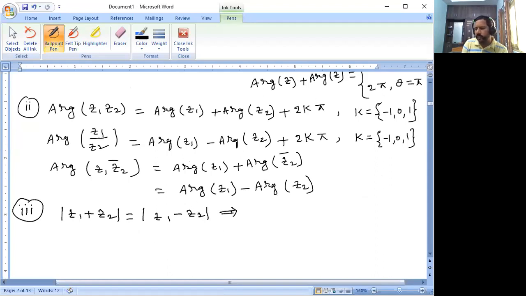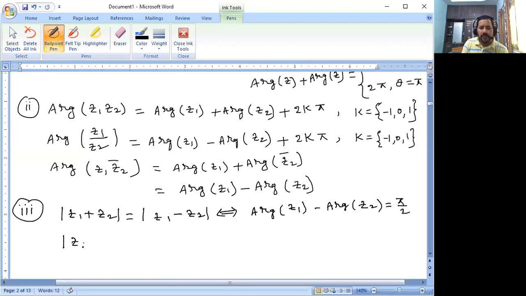That implies argument of z1 minus argument of z2 is equal to pi by 2. This is a standard result.